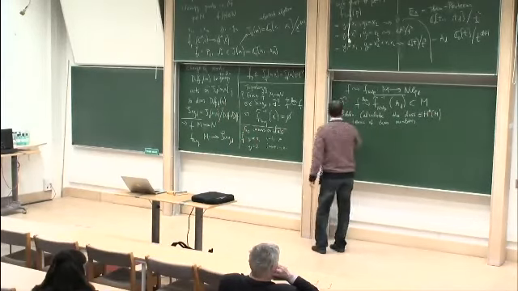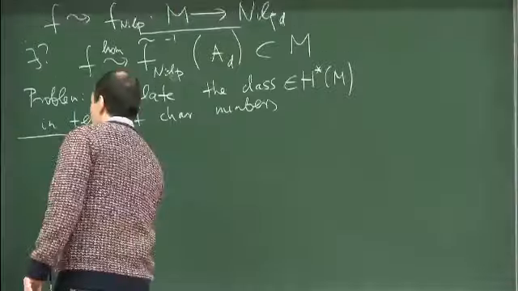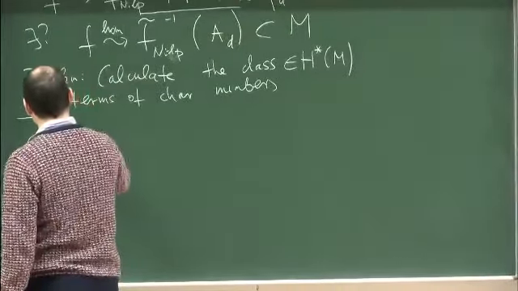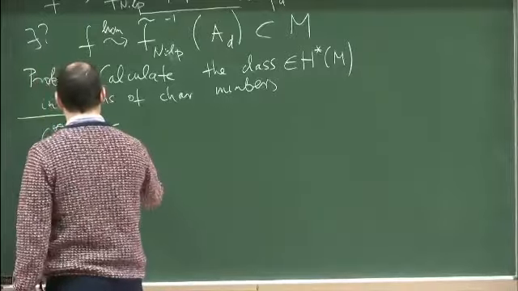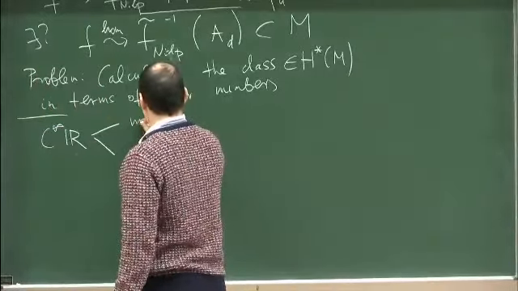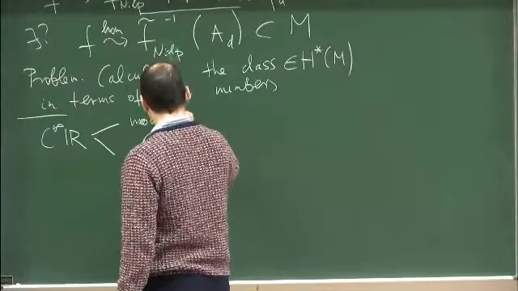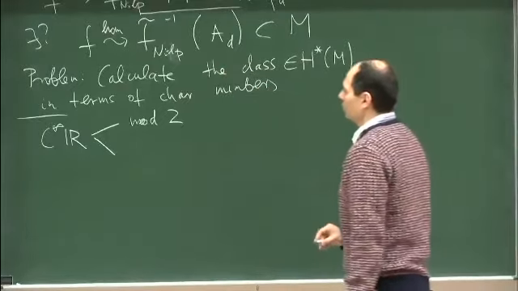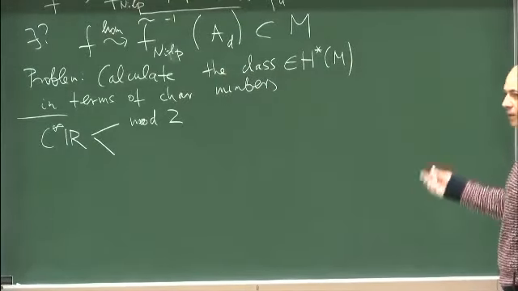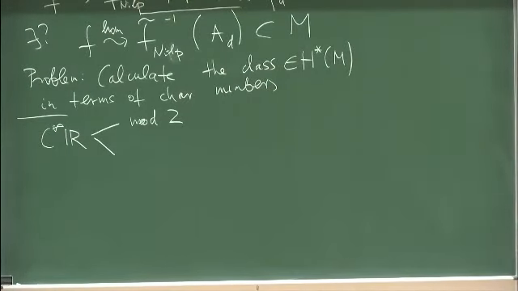I'll just write some comments here. For the C infinity R case, there are obviously two situations: the mod 2 cohomology, which, as a theorem that I'll comment on in a second, is well defined.